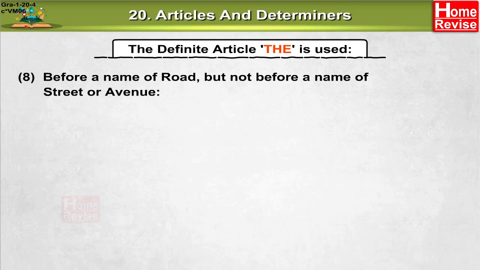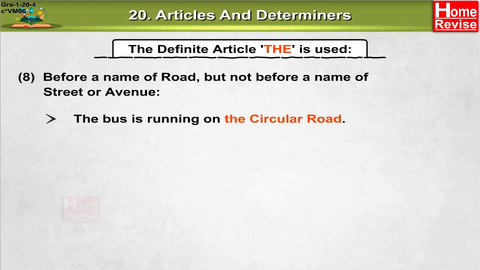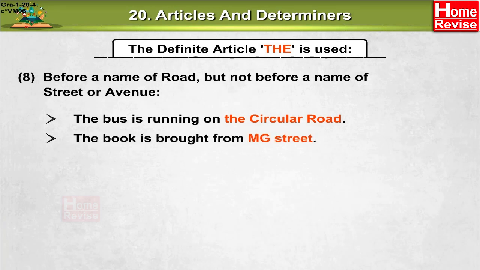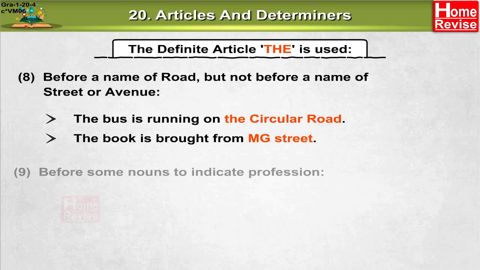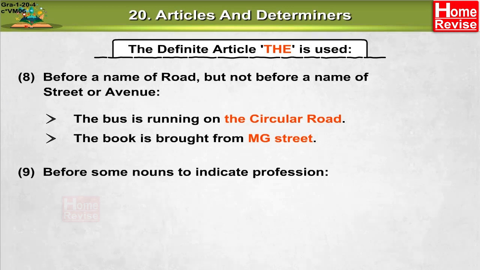8. Before a name of road, but not before a name of street or avenue. The bus is running on the circular road. The book is brought from MG Street. 9. Before some nouns to indicate profession. He joined the bar.